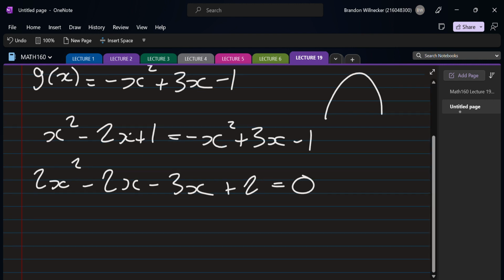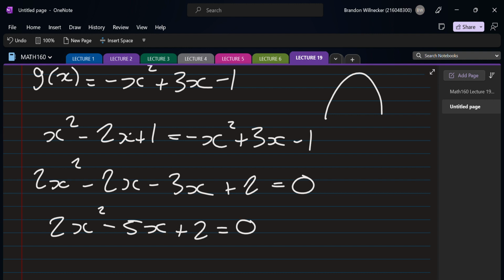Okay, so we get 2x squared minus 2x minus 3x, that's going to be minus 5x, plus 2 is equal to 0. Okay, so we get a quadratic. We know that from a quadratic we should get two solutions. The smaller solution, that will be a, because that's closer on the left-hand side. The larger value of x, that will be b, because that's on the higher end.